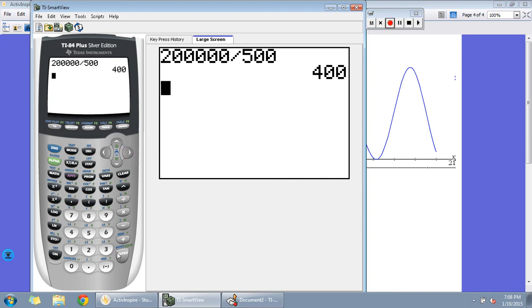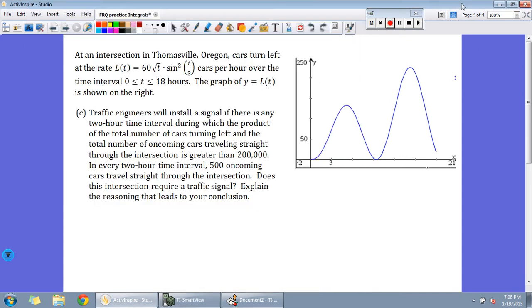All right, so that's 400. So, since the rate that we're given is in terms of cars per hour, if we need 400 cars over 2 hours, we need 200 cars for 1 hour. So I'm going to draw a line at 200 and find these two intersection points.